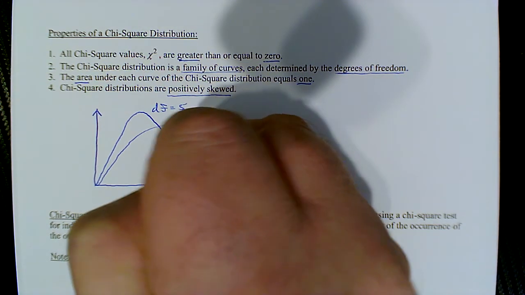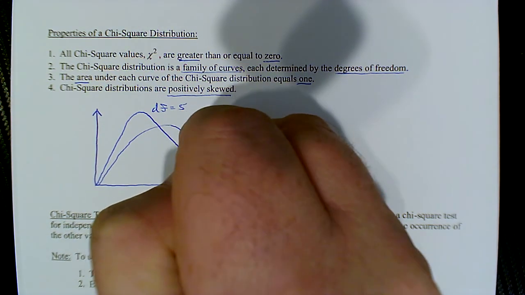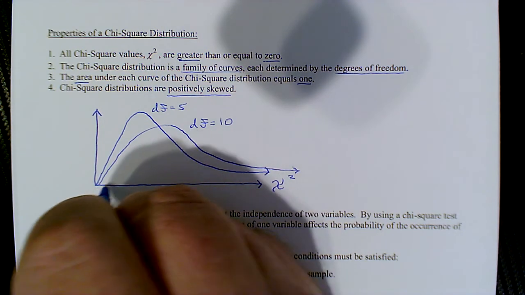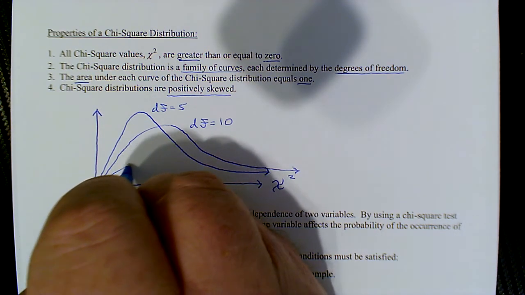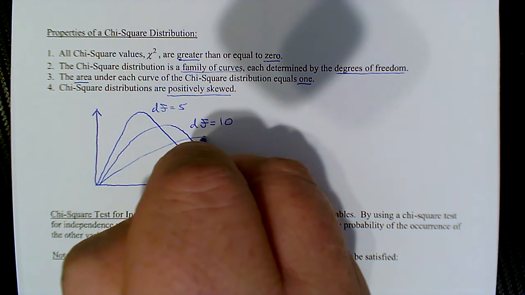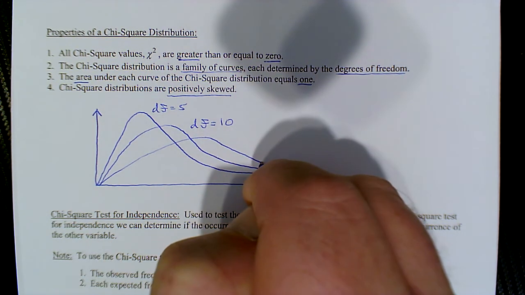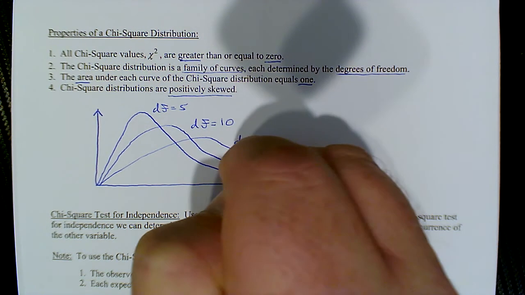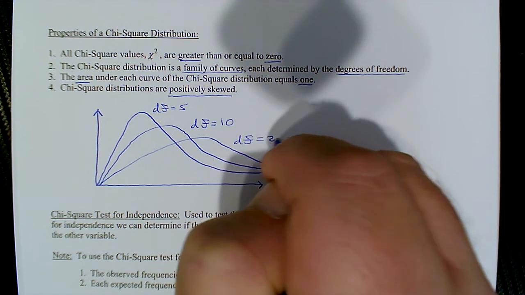And that might be degrees of freedom, let's say of 10. And then as the degrees of freedom get larger, it starts to look somewhat normal. So that would be degrees of freedom of, let's say, 25.